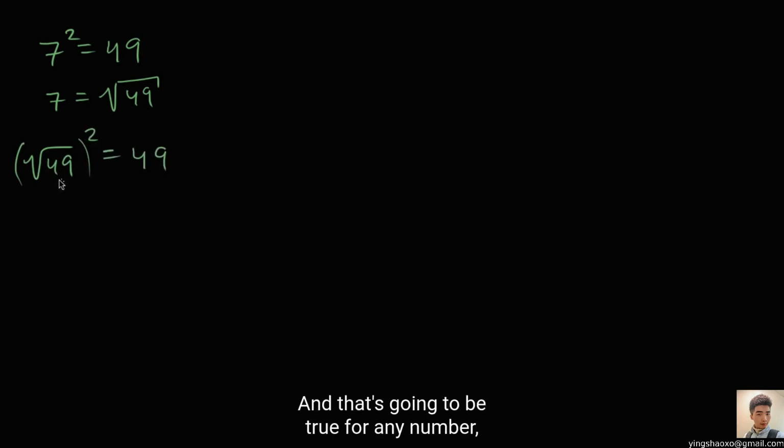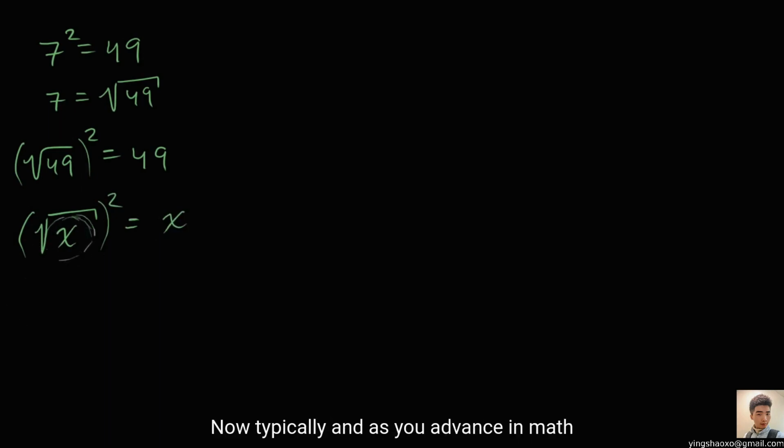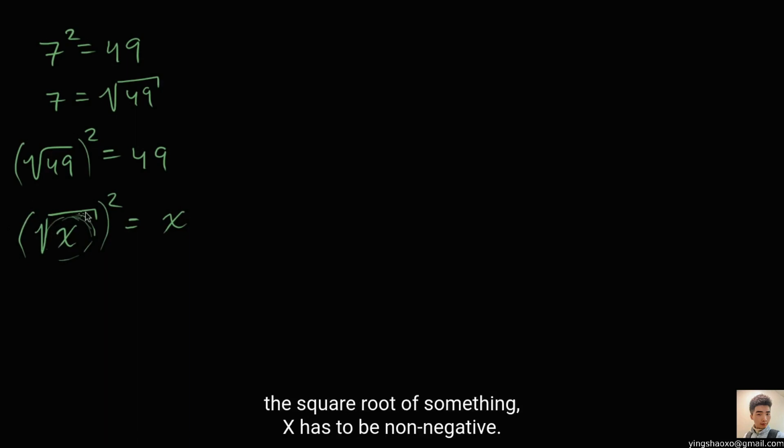And that's going to be true for any number, not just 49. If I write the square root of x, and if I were to square it, that's going to be equal to x. And that's going to be true for any x for which we can evaluate the principal root. Now, as you advance in math, you're going to see that this will change, but typically you say, okay, if I'm going to take the square root of something, x has to be non-negative.